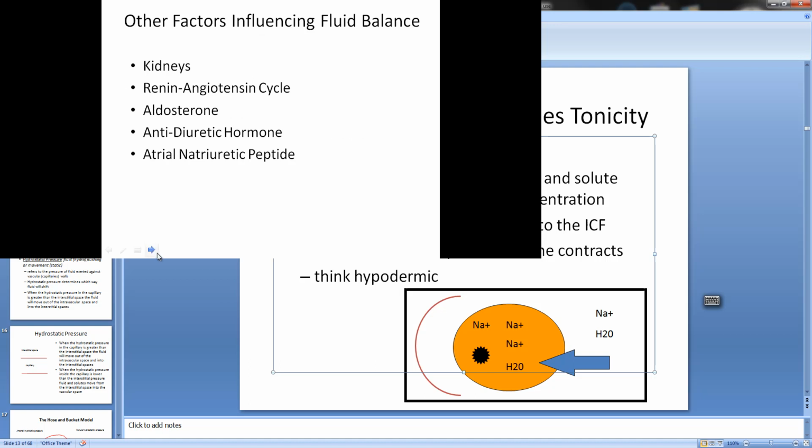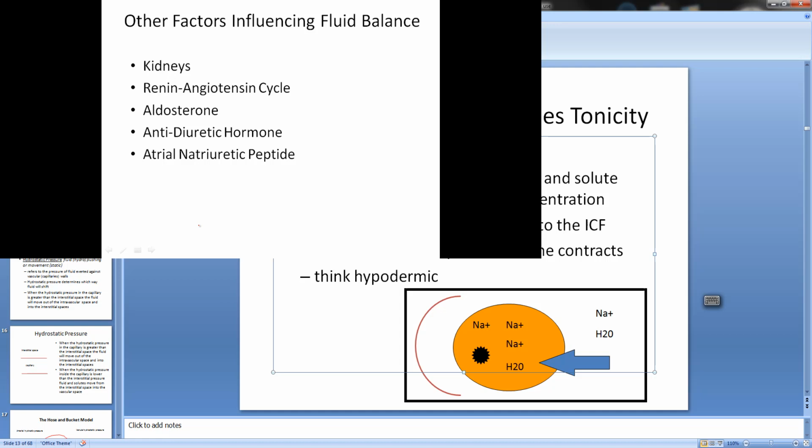Other factors which influence fluid balance are important. Of course, the kidneys monitor your intake and output based also upon your blood pressure. The renin-angiotensin cycle you should really get to know as well. Renin is released at times when one needs vasoconstriction, and angiotensin is a potent vasoconstrictor.